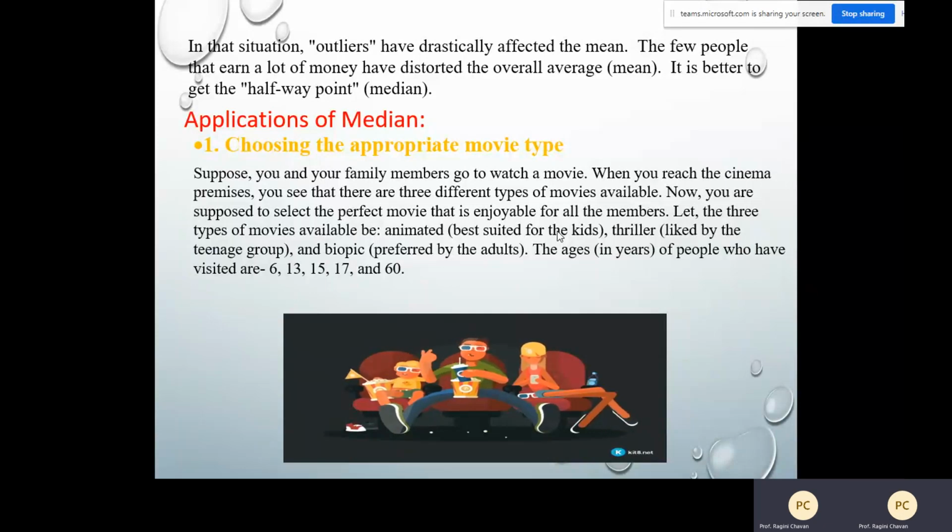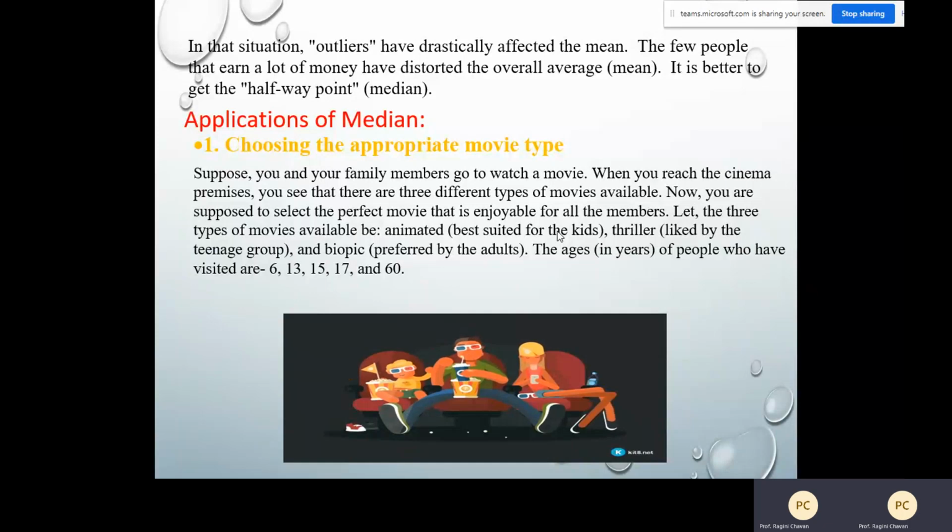Choosing the appropriate movie type. Suppose you and your family members go to watch a movie and there are three different kinds of movie available: animated movies, thriller movies and biopic movies. Animated are preferred by kids, thriller by the teenage group and biopic by adults.